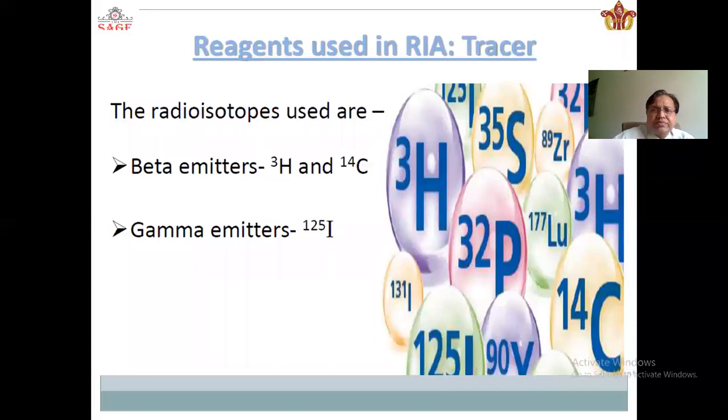Reagent used in radioimmunoassay, tracer. The radioisotopes used are beta emitters, tritium and C14, carbon 14, and gamma emitters, iodine 125.